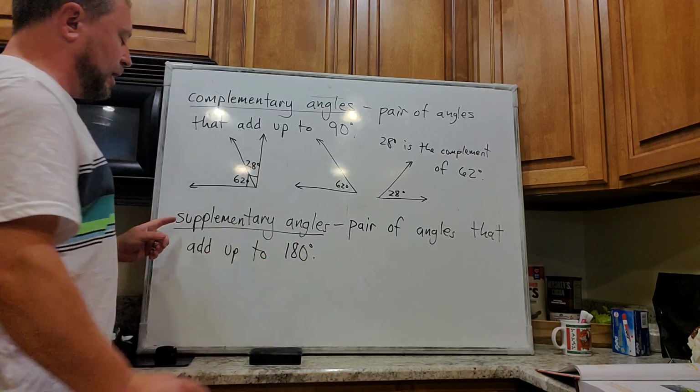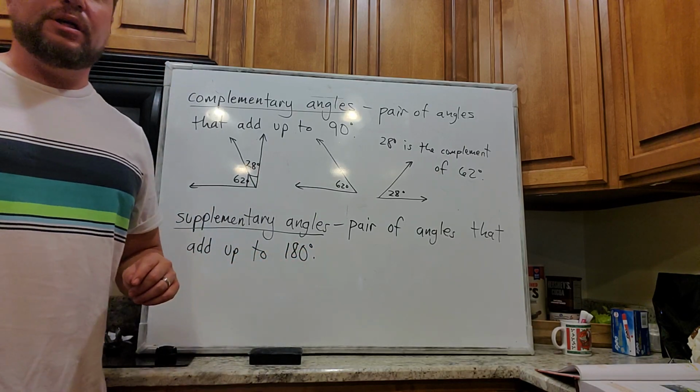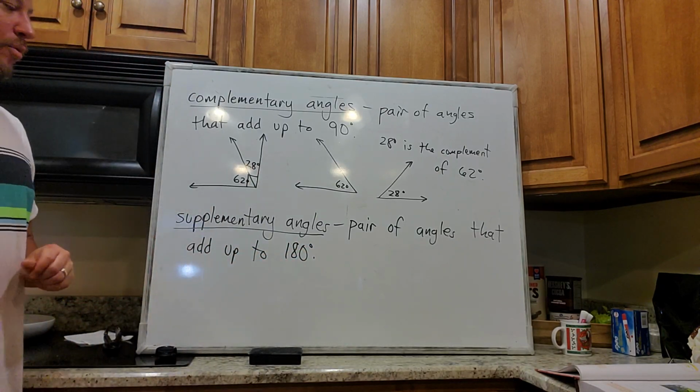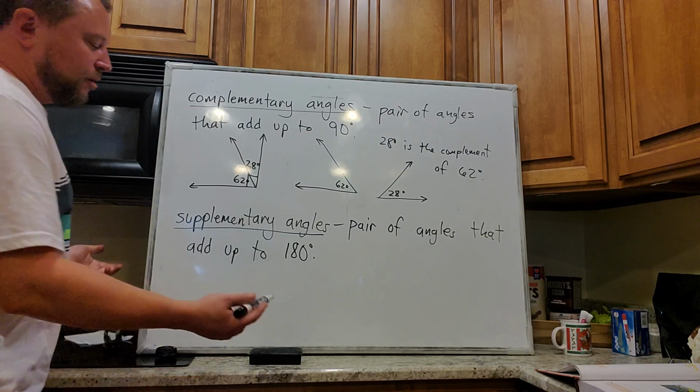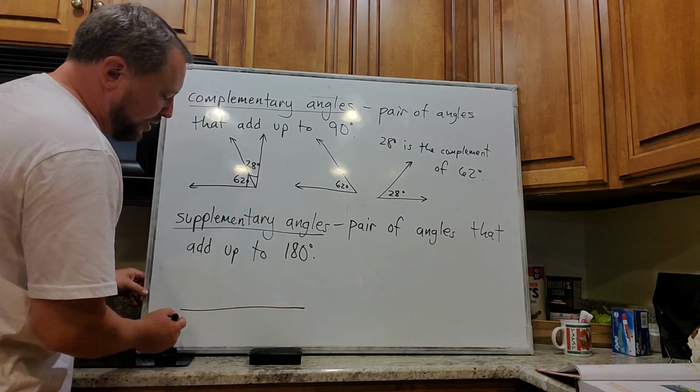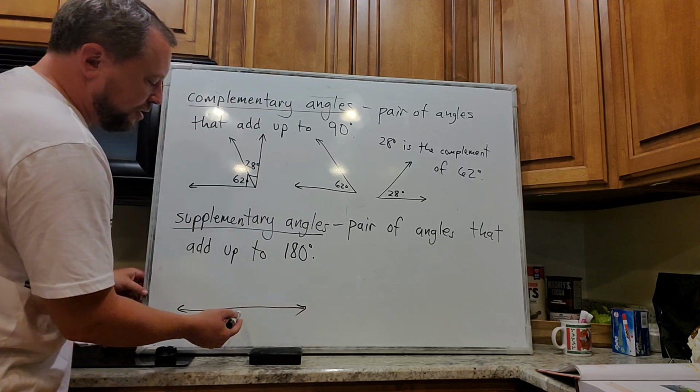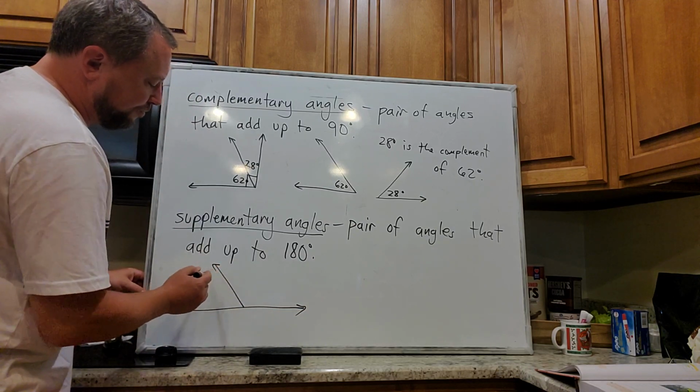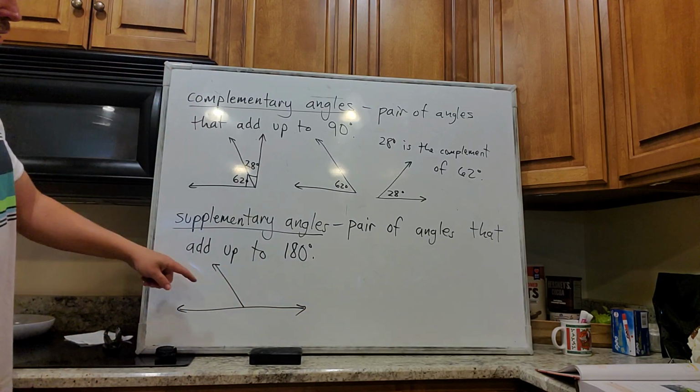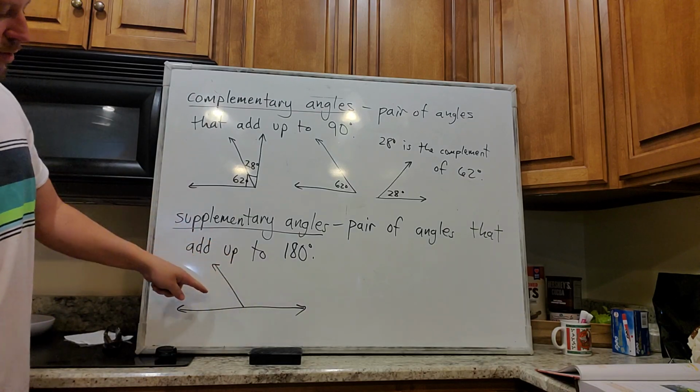We're going to deal a lot with supplementary angles. You want to get used to those. They occur quite frequently because, for example, say you've got a nice straight line like this, and then all of a sudden you split it like this. Now you've just created a couple of smaller angles. See it?